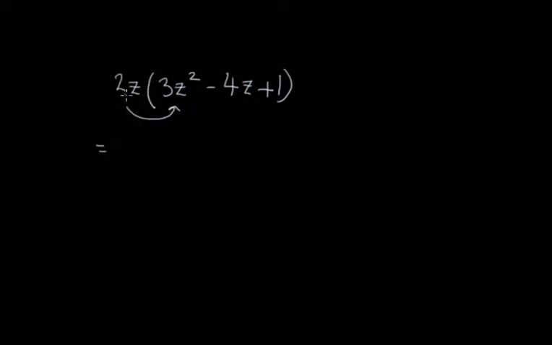So 2z times 3z squared, so 2 times 3 is 6, z times z squared is z cubed. Then we're going to do 2 times minus 4, which is minus 8. We pay attention to where you see negatives and positives, and z times z is z squared. Then 2z times 1 is plus 2z.